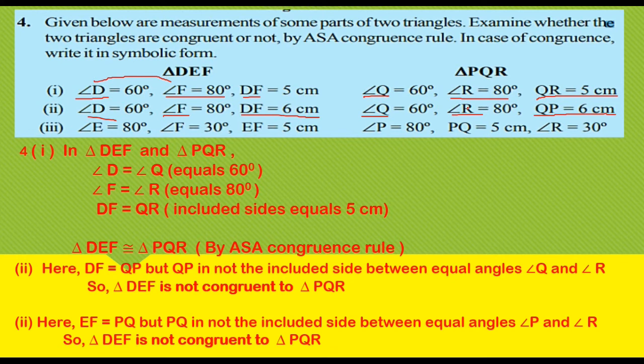Same for the third. We have angle E equal to angle P, angle F equal to angle R, but here EF is the included side, whereas PQ is not the included side. We should have the included side PR. So it is also not congruent.